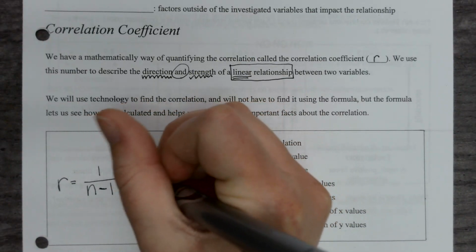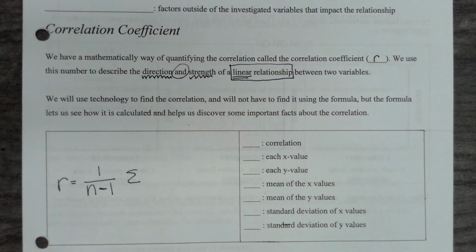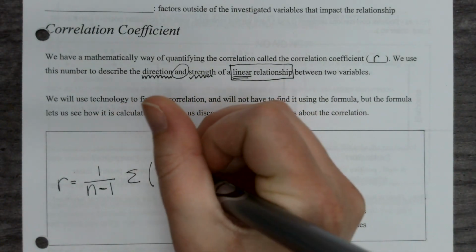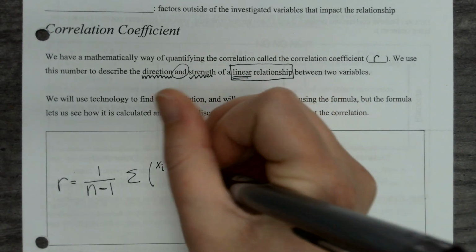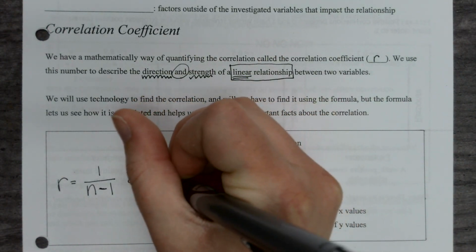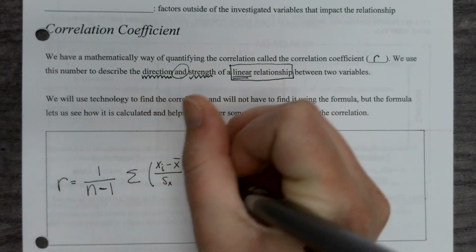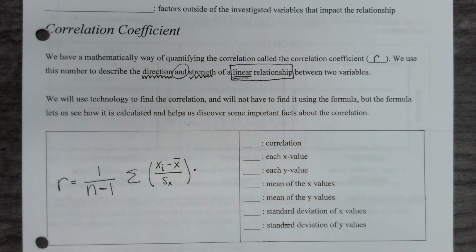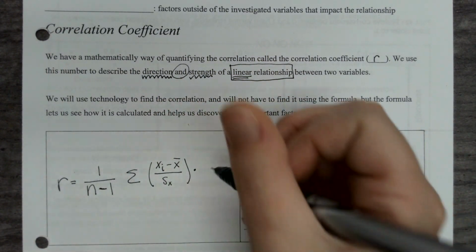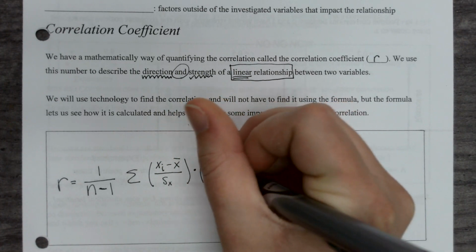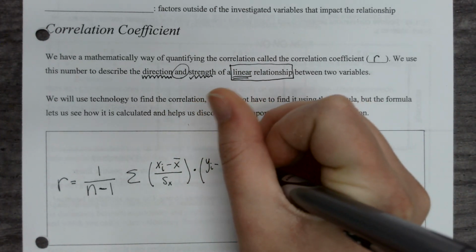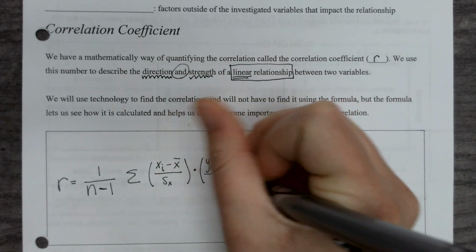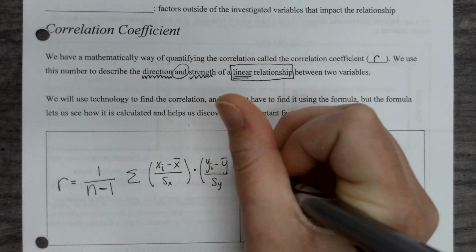And we're going to take the summation, the sum, of each individual x value, subtract our mean from it, and divide by the standard deviation of those x values. And we're going to do the same thing, multiplying by each individual y minus the mean of y, divided by the standard deviation of our y values.